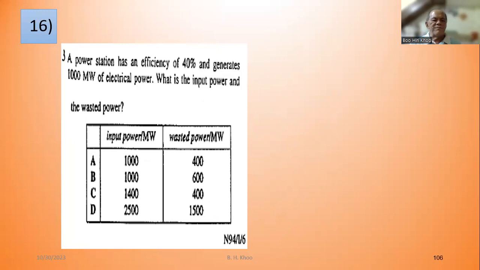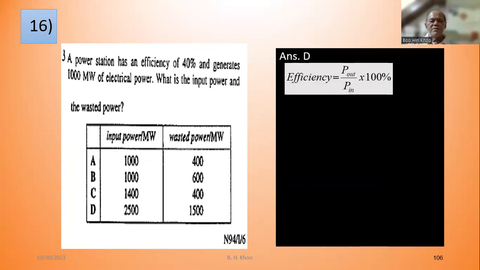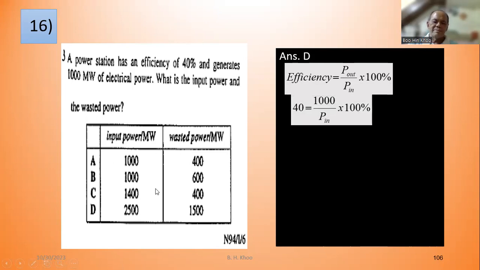A power station has an efficiency of 40% and generates 1000 megawatt of electrical power. What's the input power and the wasted power? Efficiency is P out, output power over input power, times 100%.